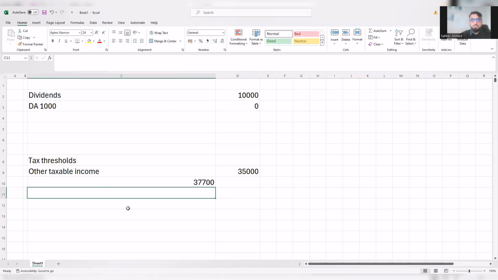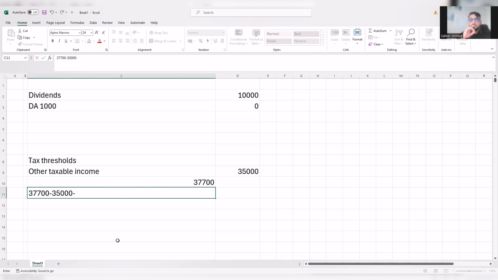So how much basic rate band threshold is available to this person? Well, the key thing you notice is that this person has, of course, a basic rate band threshold of 37,700, but already utilized 35,000 against his other income.